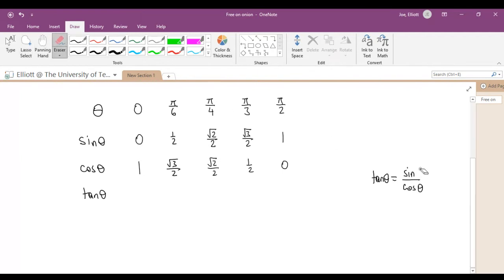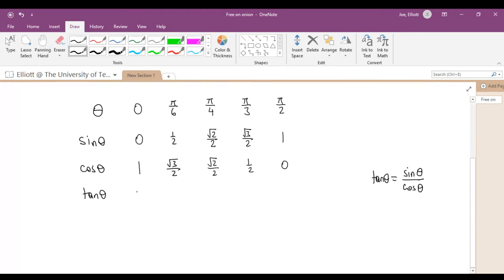Once you know sine and cosine, you can figure out all the other trig functions, really. But that said, it takes a little bit of time to work out what tangent will be in terms of sine and cosine, so I think it's best to have tangent memorized as well.